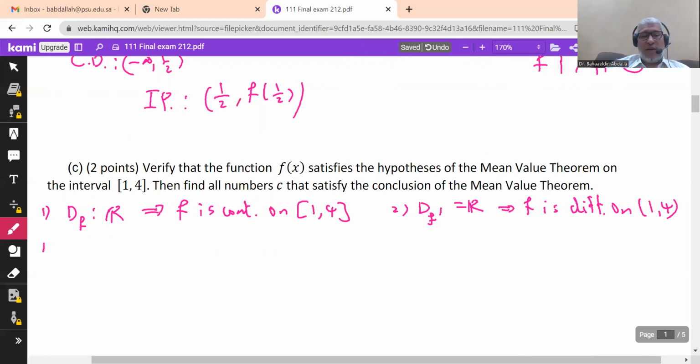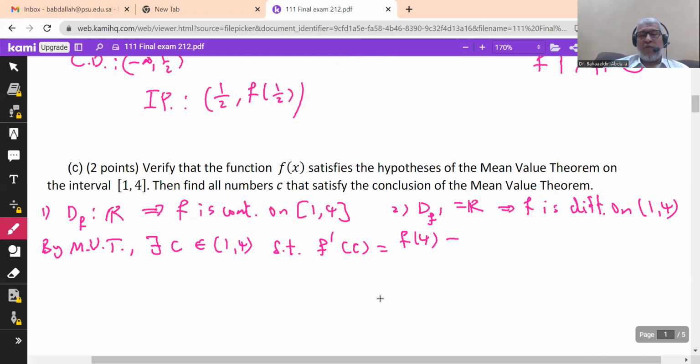So by the mean value theorem, there exists c in the open interval 1, 4, such that f prime of c equals f of b, which is 4, minus f of a, which is 1, over 4 minus 1.